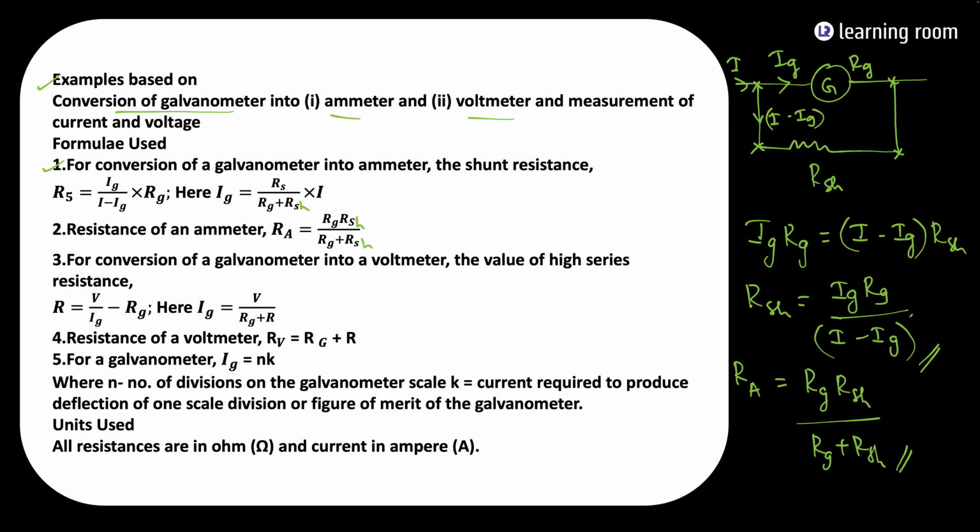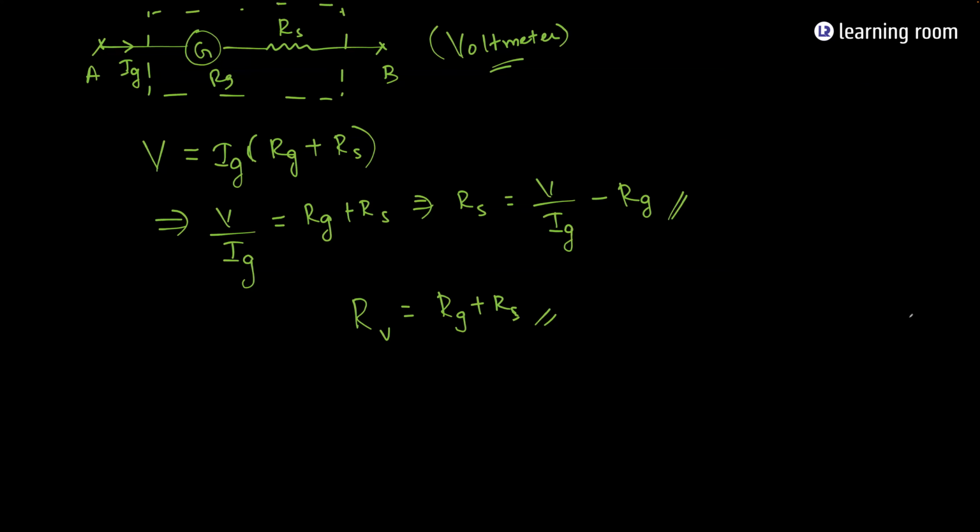Then what are we doing in the voltmeter case? You're connecting a high resistance value in series because the galvanometer cannot act as a blocking agent. If more current is flowing, the galvanometer will not have very high resistance to stop it, whereas this will have very high resistance so that you're still controlling the full scale deflection current through the galvanometer. Did you understand?